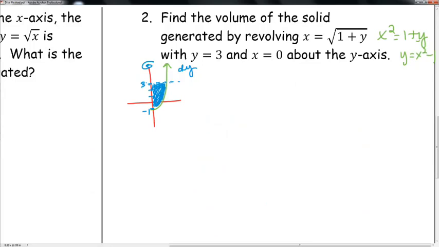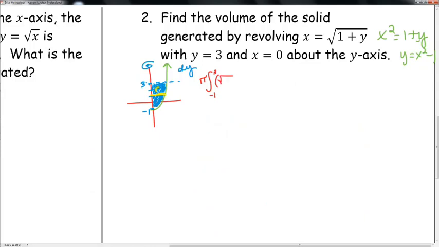When we talk about r, we're talking about this region right here. My r is going to be the square root of 1 plus y. We're going from -1 to 3, and we're going to multiply by pi, because we're talking about cross sections of circles.